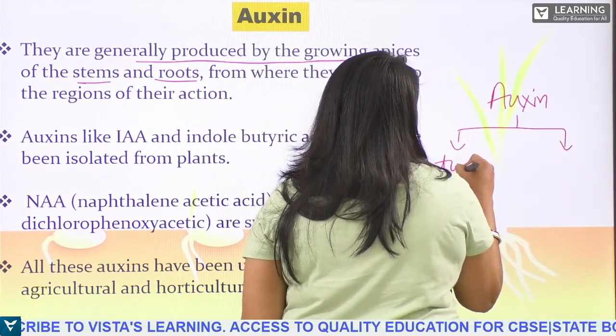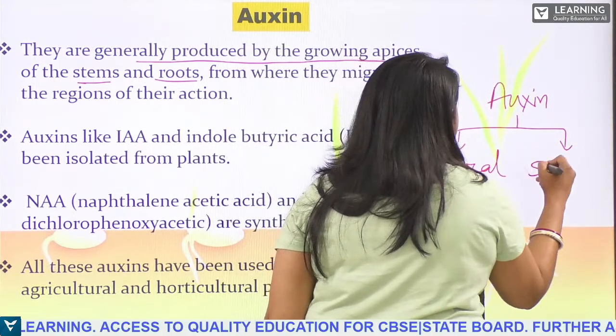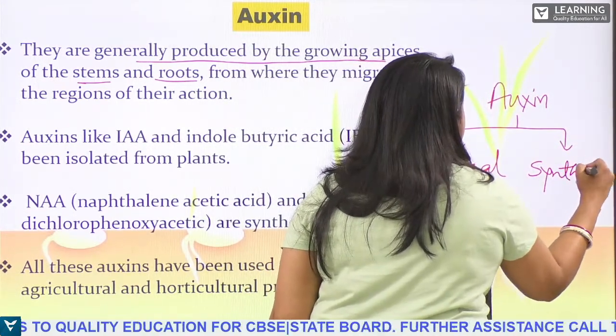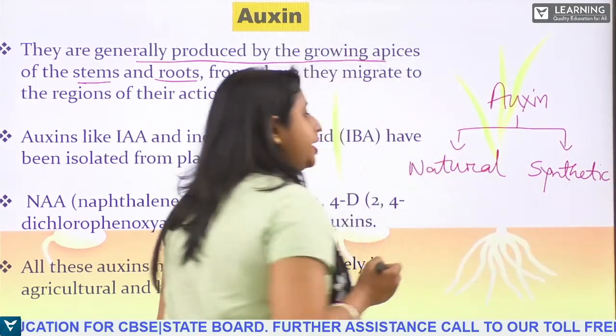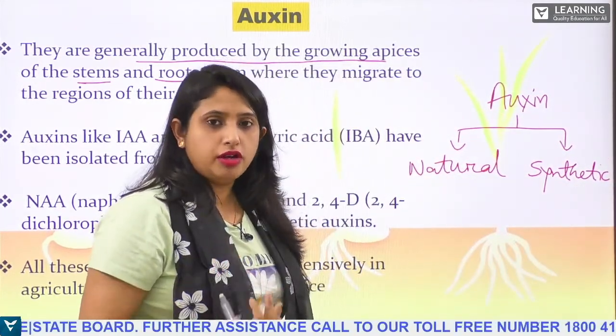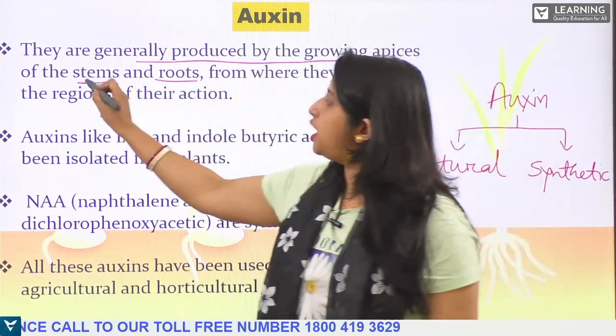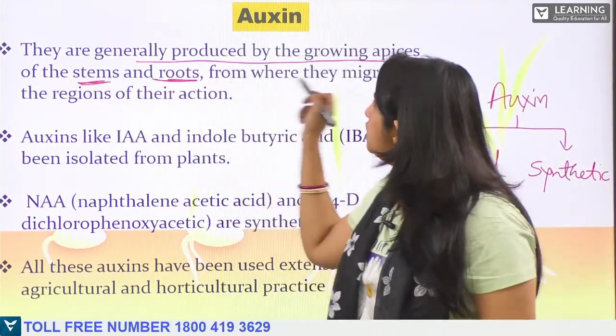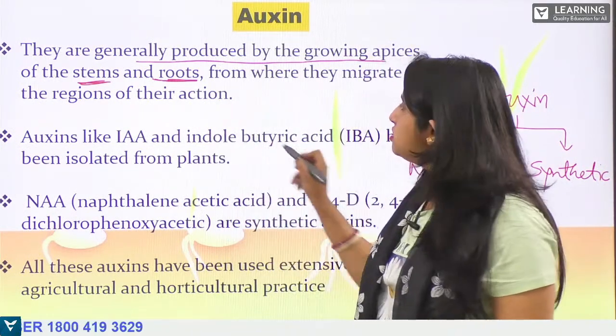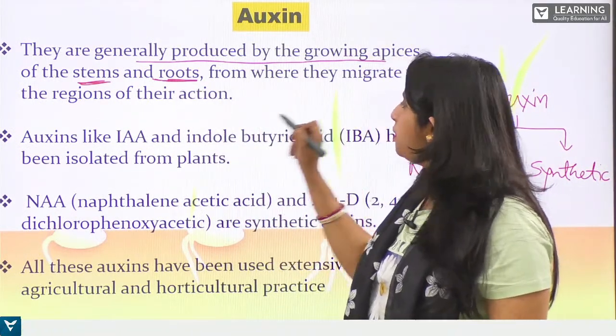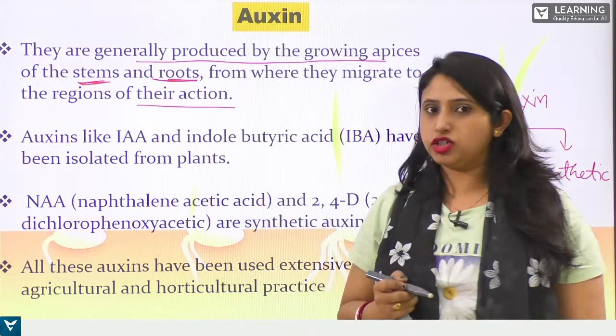Natural means it is produced by the plants, from the growing apices of the stems and roots, from where they migrate to the regions of their action.